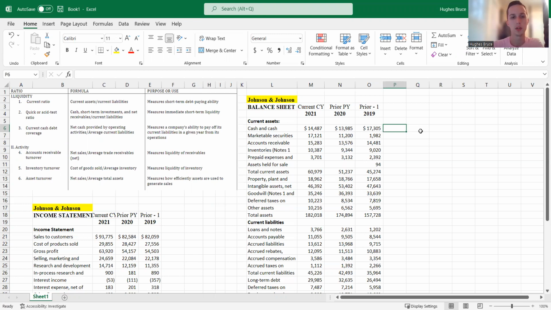But getting right into it. So the current ratio is the first liquidity ratio that we'll go through. It is probably the most common liquidity ratio. And what it consists of is a company's current assets divided by a company's current liabilities.